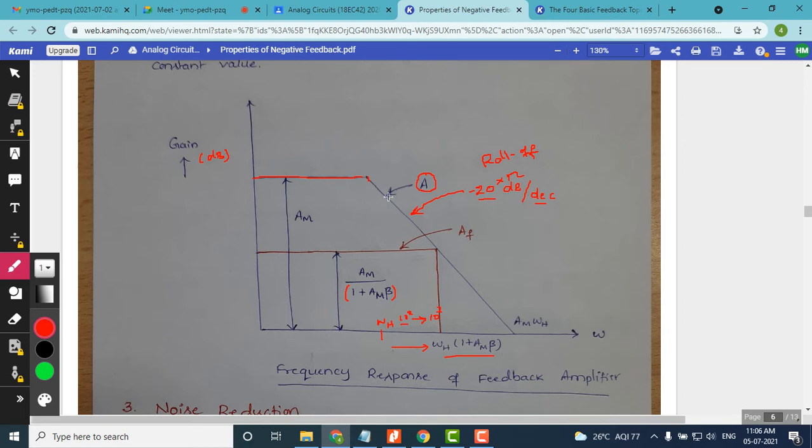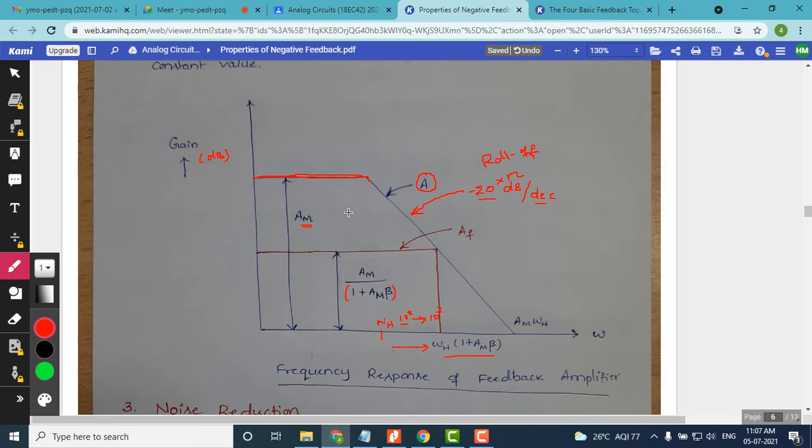Here, what you want to observe is that this is the frequency response curve without any feedback, and this is the mid band gain. AM is nothing but the mid band gain. The mid band gain is constant up to omega h, and from there onwards the gain drops.